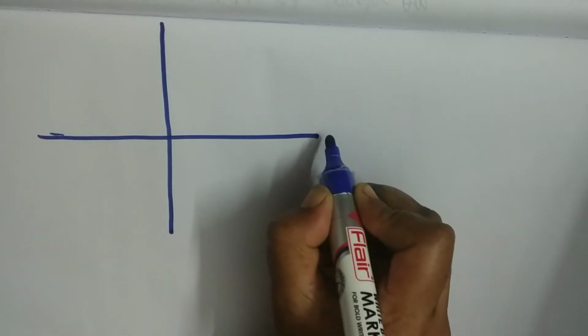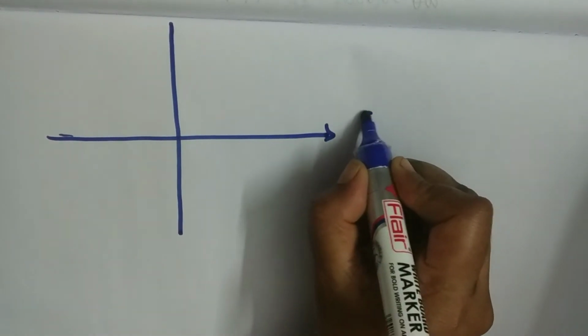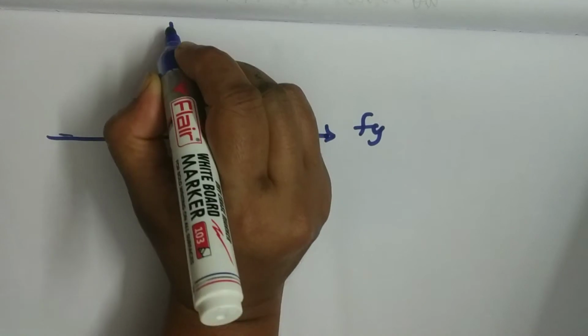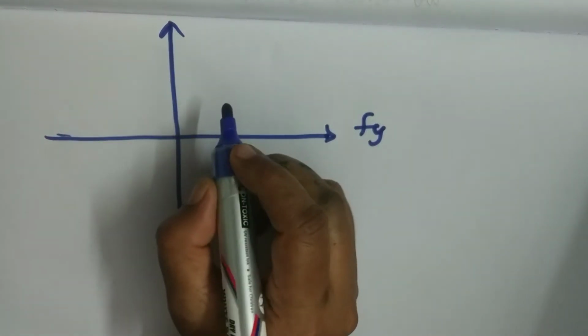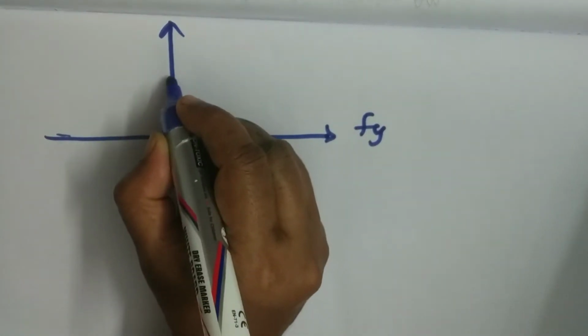Here I am taking frequency. I am going to draw the frequency response of the modulating signal.